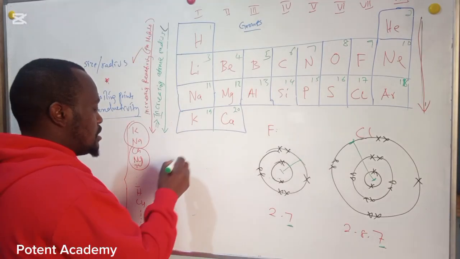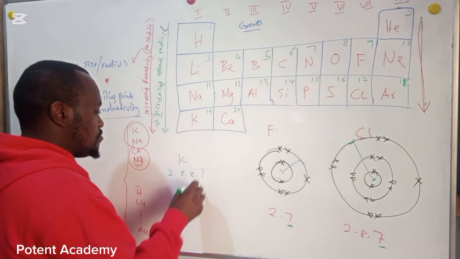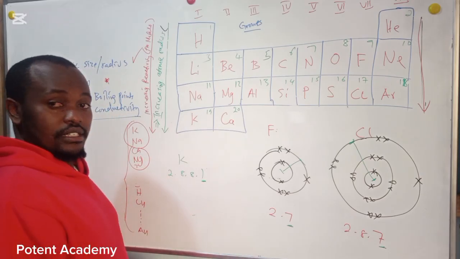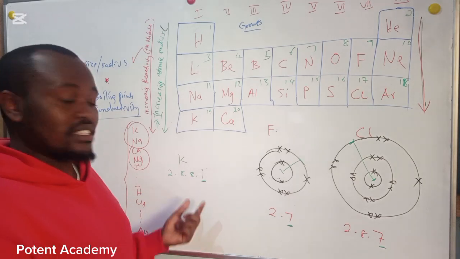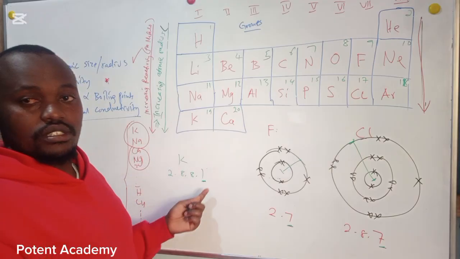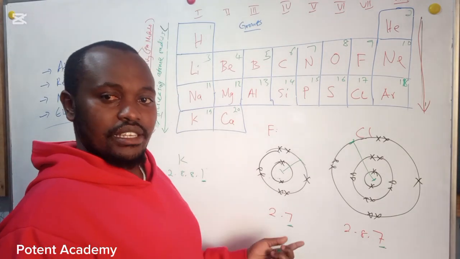Let me also iterate on potassium. Potassium had this electronic configuration. So here we want to make it 8. It is easier to lose 1 than to bring 7. That is why this potassium will always lose. However, for this, it is easier to gain 1 than to lose 7.